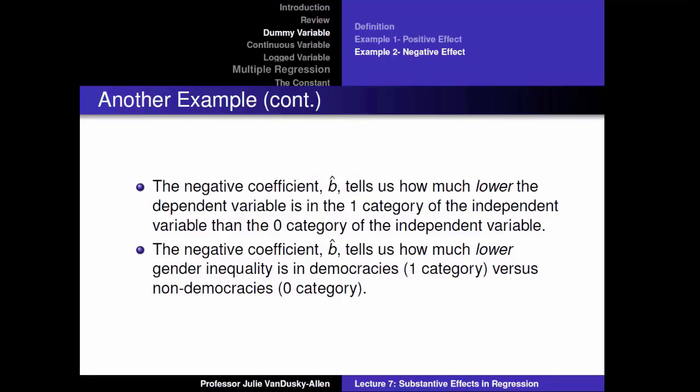In other words, the negative coefficient B hat tells you how much lower gender inequality is in democracies, the 1 category, versus non-democracies, the 0 category.